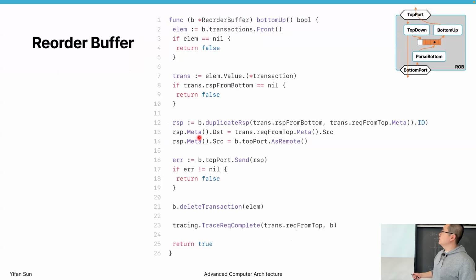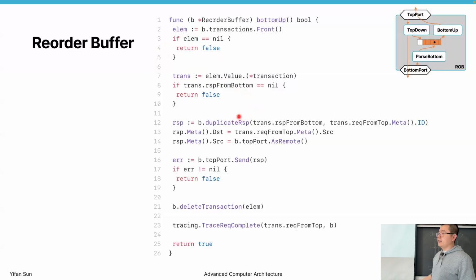So finally, bottom up, we check the transaction.front, the buffer front. If the element is not even available, that means the buffer is empty, we're idling. We return false. Now, if we get this transaction and the response from bottom is not available yet, that means the data is not available. Then in this case, we return false. Okay.